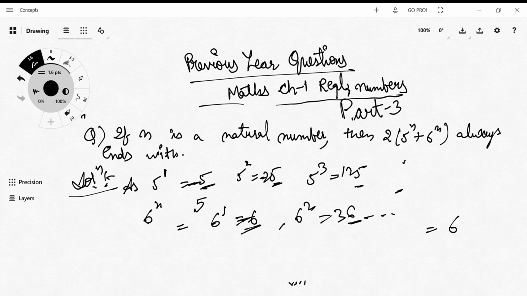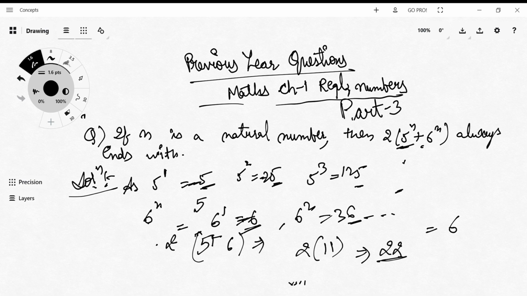Now we will add: the unit place of the first is 5, and the unit place of 6 raised to the power n is 6. If you add them, you get 11. Now multiply it by 2, you get 22. The unit digit of this number will always be 2. So 2 is the answer.